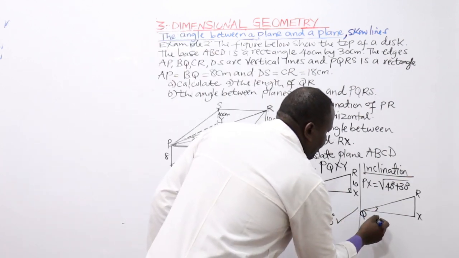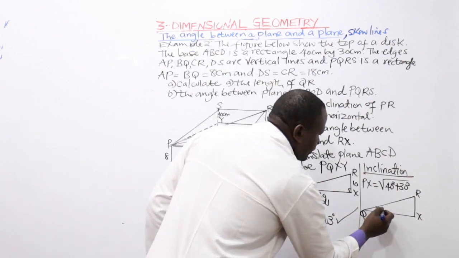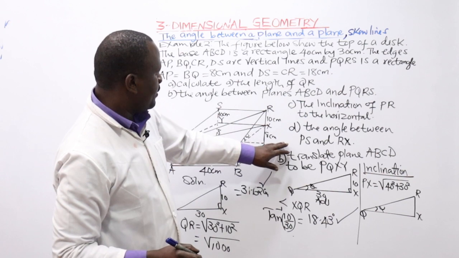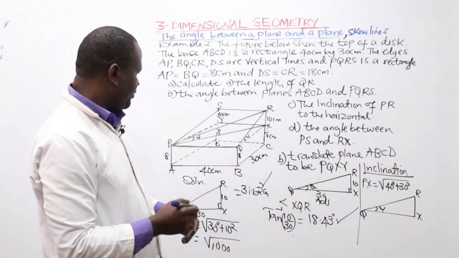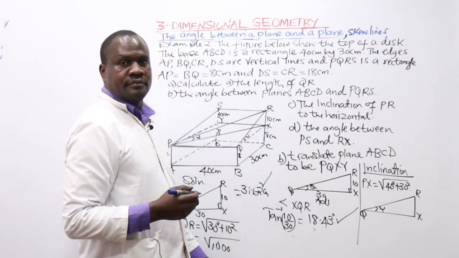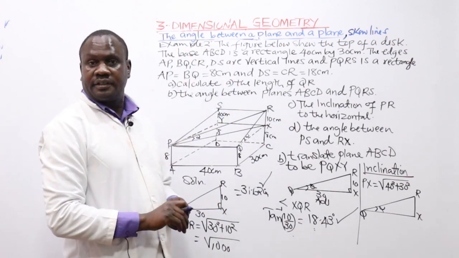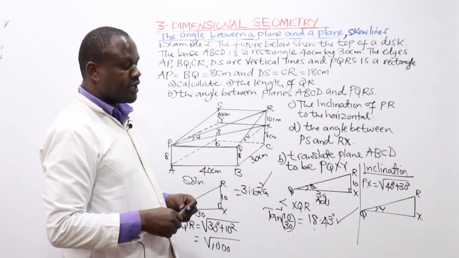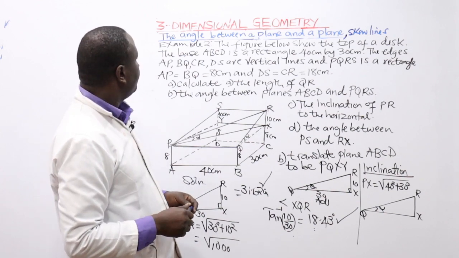It is the same angle that we found. This one. So therefore, part D has already been answered. The angle is this. So that's how we calculate these angles. So you can do more questions from the book.